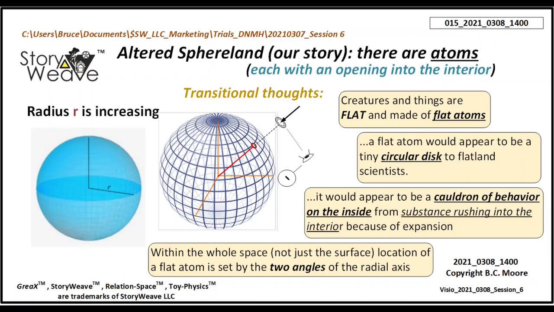That's the same idea, but substance rushes in through the center of that atom. So looking at these boxes here with descriptions on transitional thoughts, the creatures are made of atoms, and a flat atom would appear to be like a tiny circular disk if there were Flatland scientists or Sphereland scientists. And it would appear to be a cauldron of behavior on the inside because substance is rushing in from the expansion.